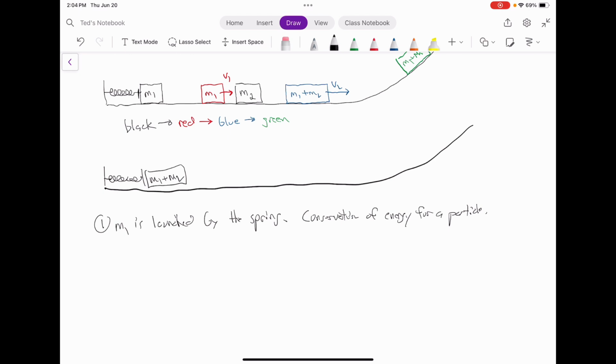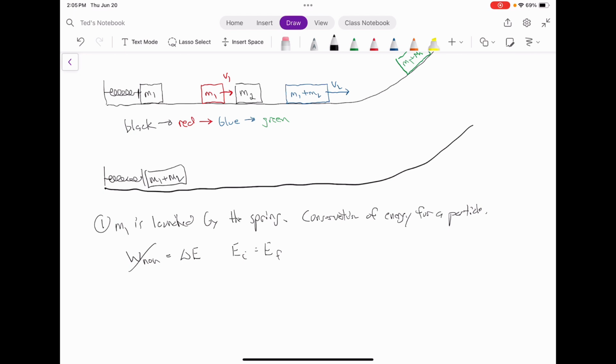M1 is launched by the spring, conservation of energy for a particle. So when using conservation of energy for a particle, the work done by non-conservative forces is equal to the change in mechanical energy, that is kinetic plus potential energy. Another way of writing this for us, since there is no work done by non-conservative forces, is that energy initial is equal to energy final.